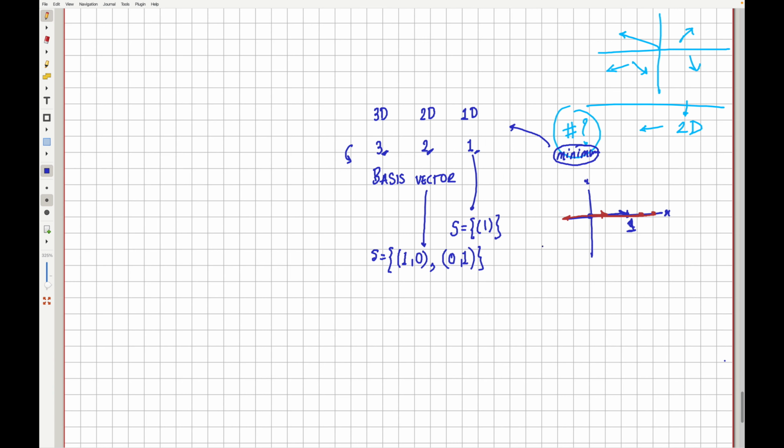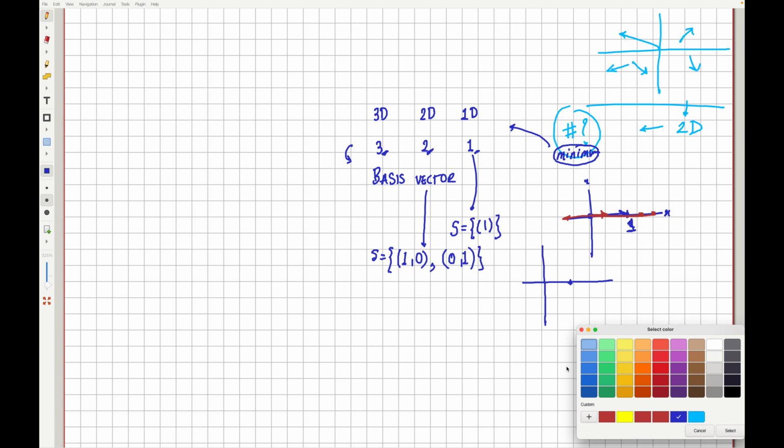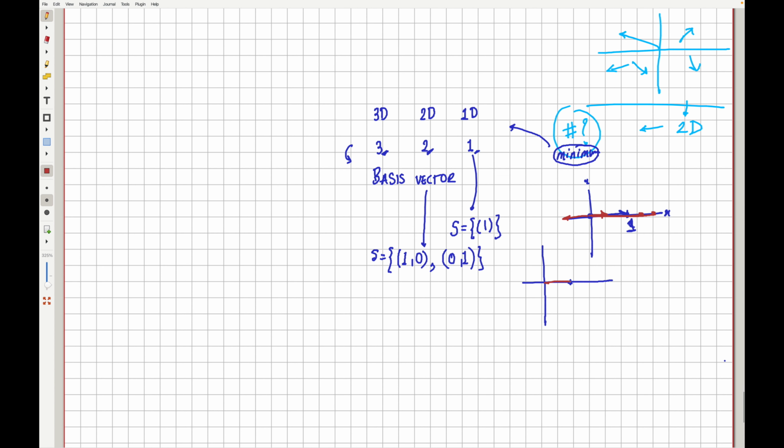If we plot this here, we see that the vector (1, 0) would look like this along the x-axis, and the vector (0, 1) would look like this along the y-axis. If we combine these two vectors in different ways, we should technically be able to create or get any vector in this entire 2D space.